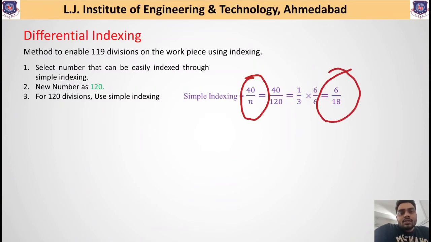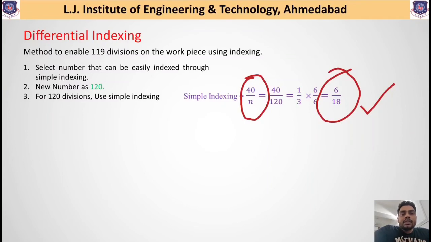Now as we know, this 6 divided by 18 indicates that on an 18 holes circle, 6 holes are to be rotated for 1 complete division, and to obtain 119 divisions, this process needs to be repeated 119 times.